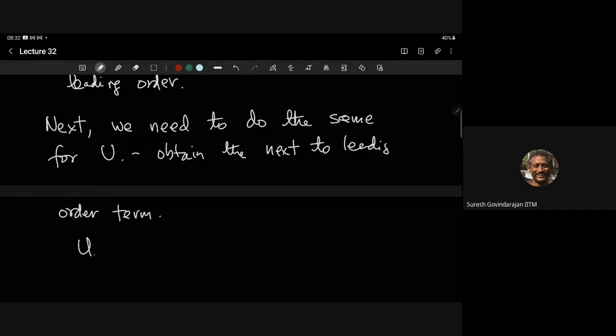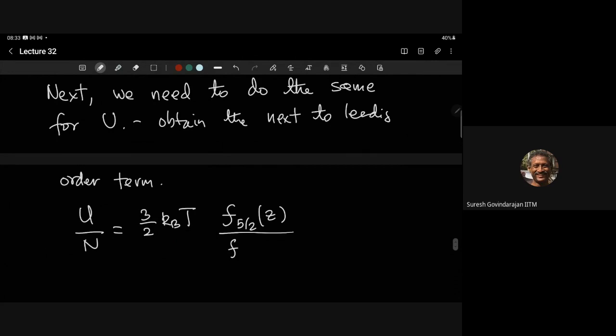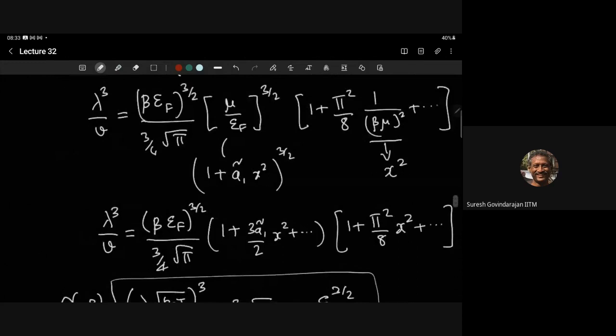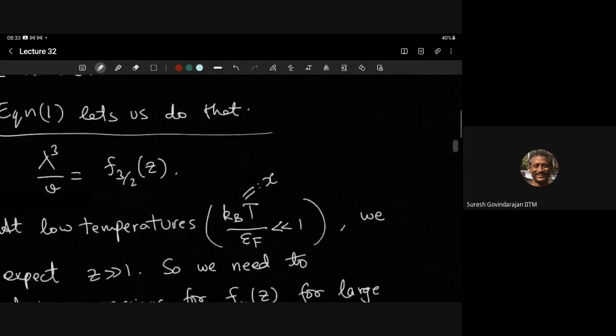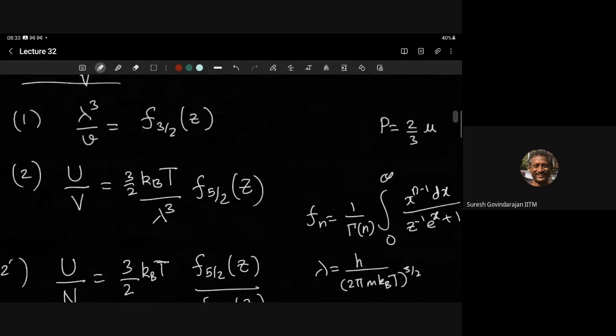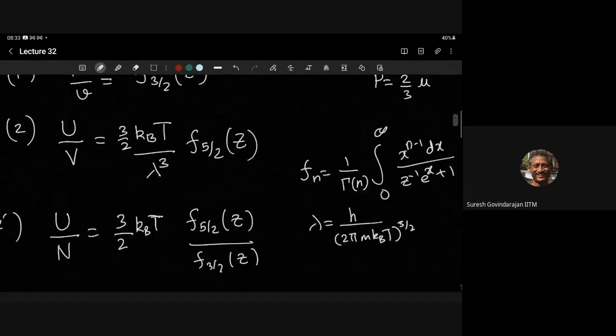Okay, so for this, we will do u by n is equal to some 3 by 2 kBt into... is there any other factor I'm missing? Nothing, right? That's okay.